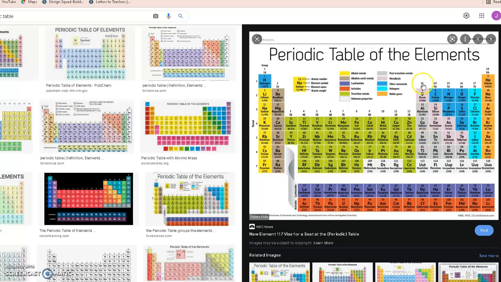Group 3A or 13 is also called the rare earth metals, or you could call it the boron group. And then this would be called the carbon group, the nitrogen group, the oxygen group. Group 7A or 17 is known as the halogens, and group 8A or 18 is known as the noble gases.